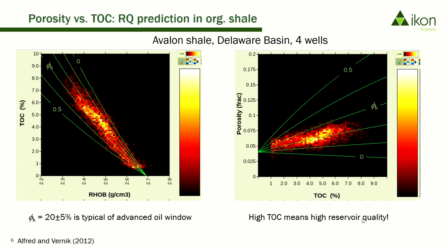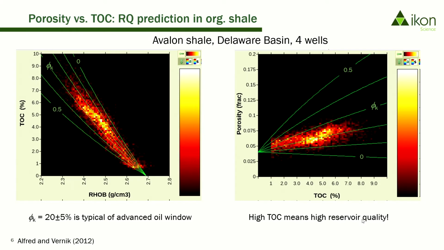All right, so these two pictures show well number 1 in the cross-plot space between the density and the TOC, and you can see that the majority of data points from the log data plot along the kerogen porosity of about 20%. This is a very interesting observation because 20% is very typical of oil window organic shales.